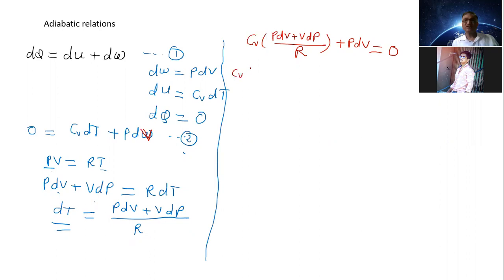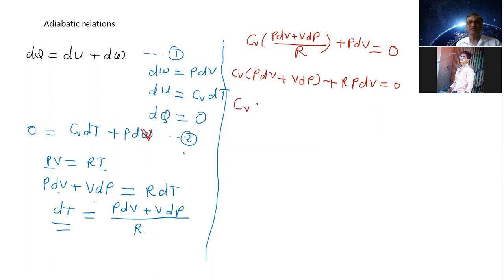That we write here Cv into PdV plus VdP plus R into PdV is equal to 0. We multiply R into this equation. Now we remove this bracket.